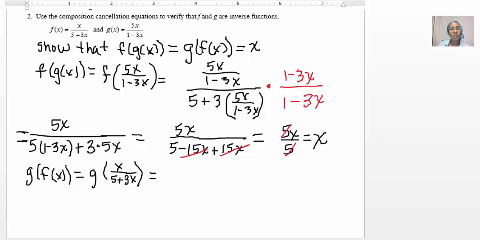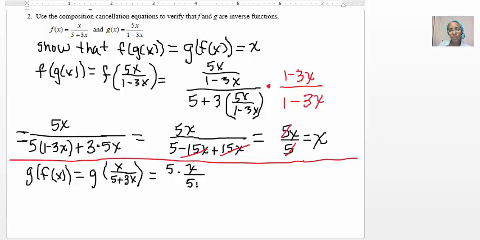So what g does is it takes its input and multiplies it by 5, and it puts it in the numerator, and in the denominator puts 1 minus 3 times whatever I have put into the function.